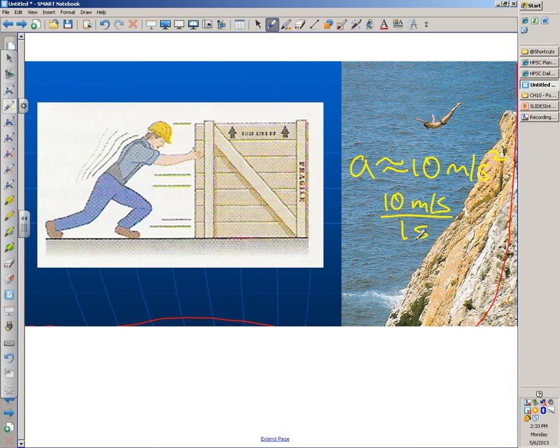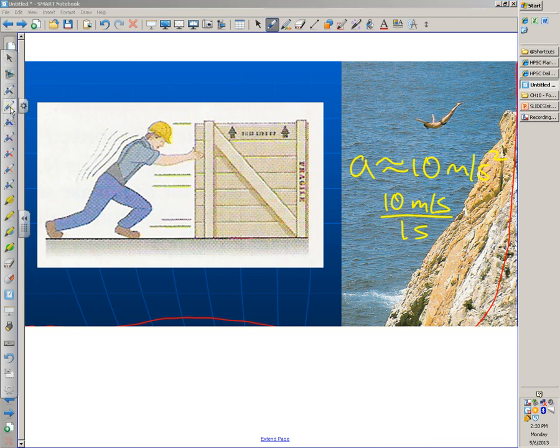This guy on the left is applying a force to this box. The picture on the right is a field force: gravity causes his motion to change. But this is a contact force because he's actually pushing the box.